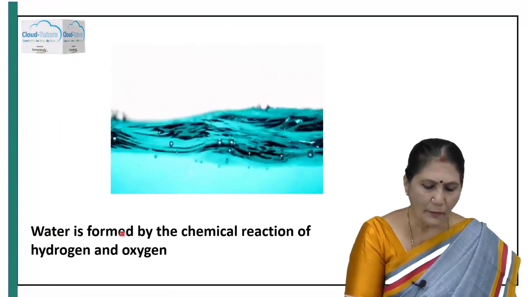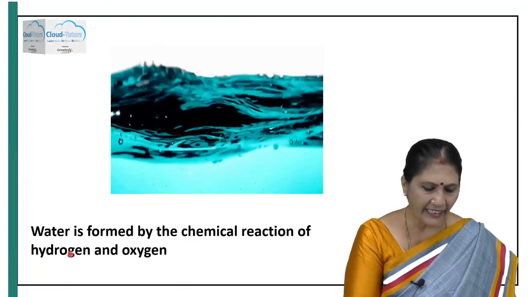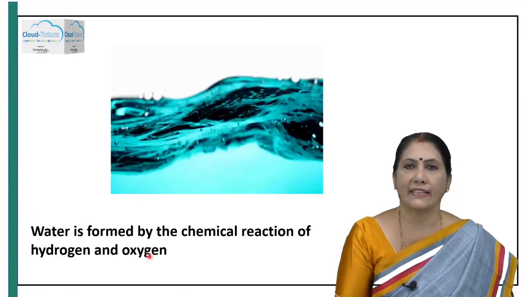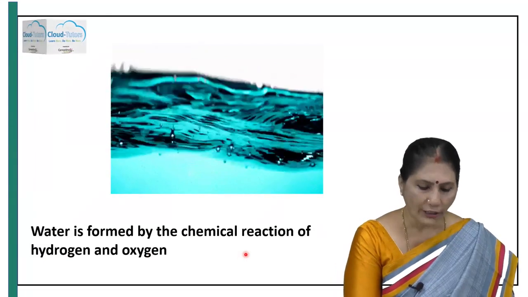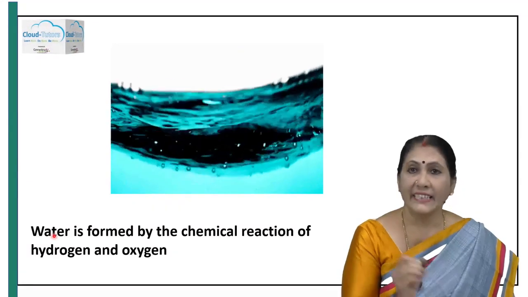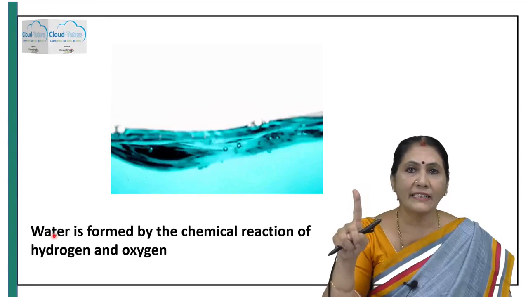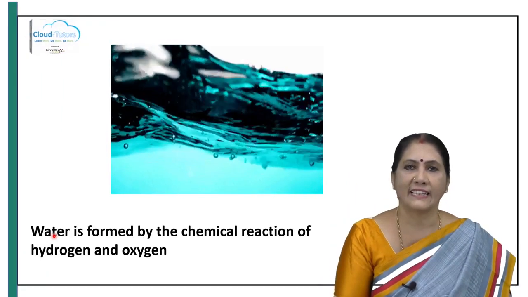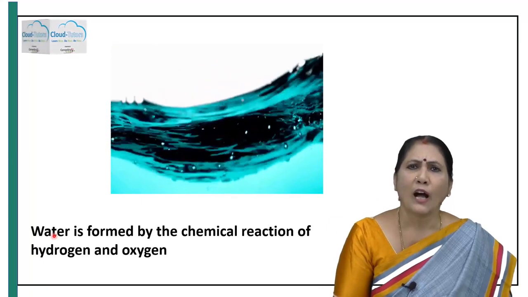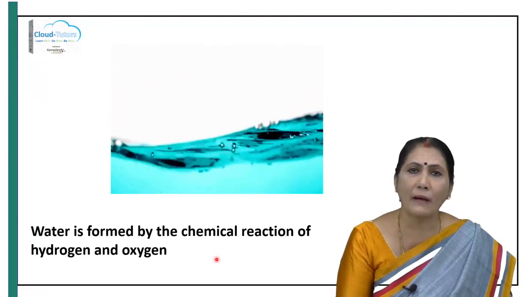Water is formed by the chemical reaction of hydrogen and oxygen. That means water consists of two elements. One element is hydrogen and the other element is oxygen. So now, how to represent this in a chemical equation format?